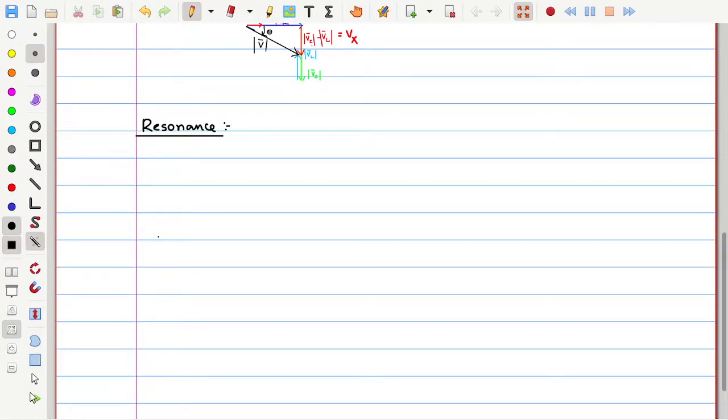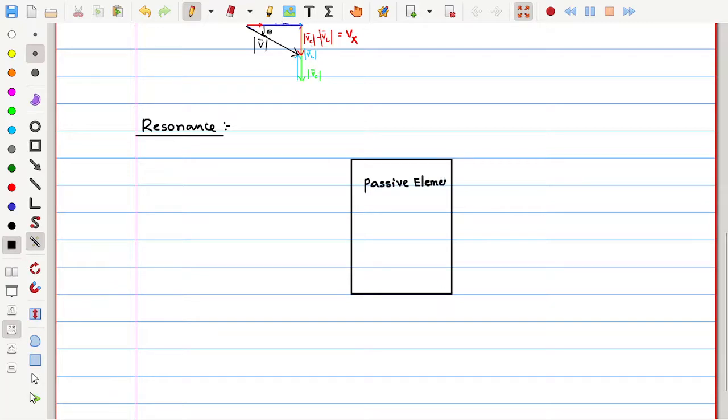Right. If we take any AC circuit, let us assume that this is an electrical circuit. Usually the circuit consists of passive elements. What are they?